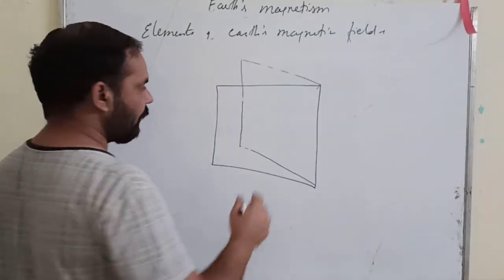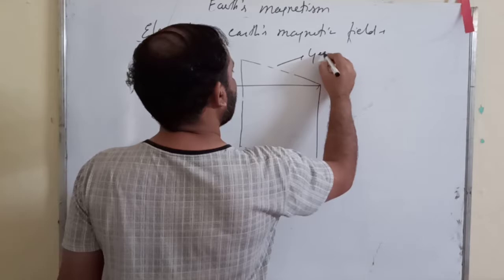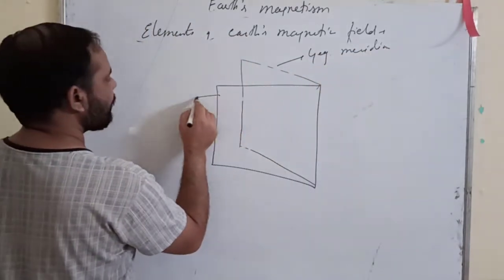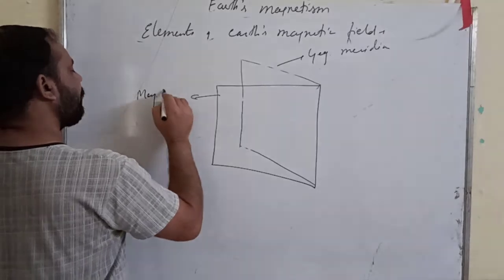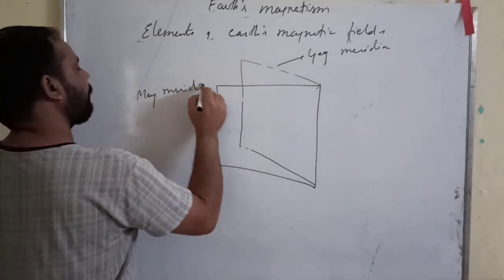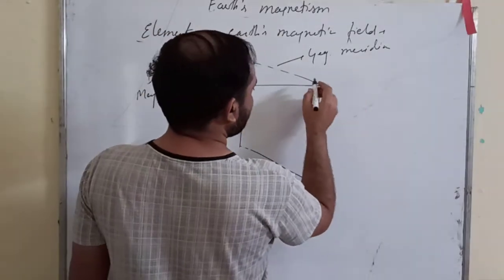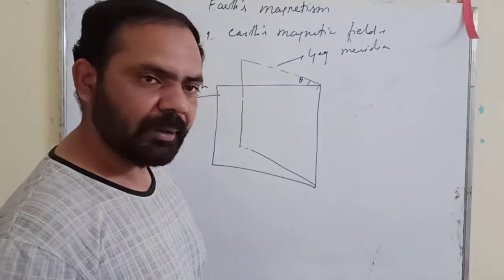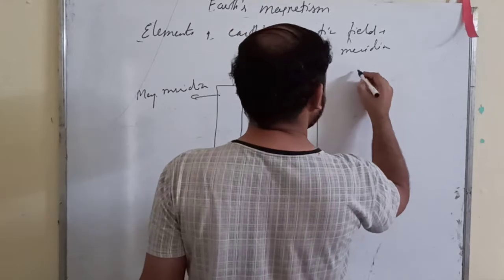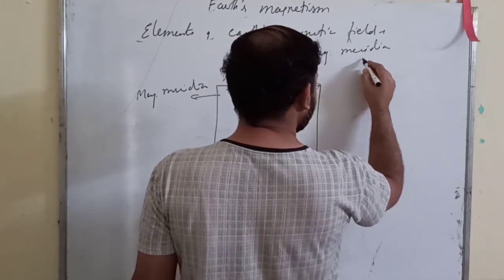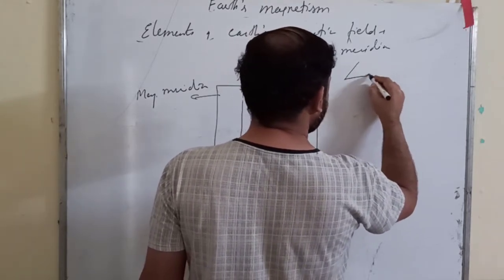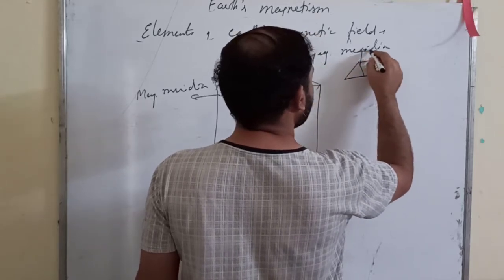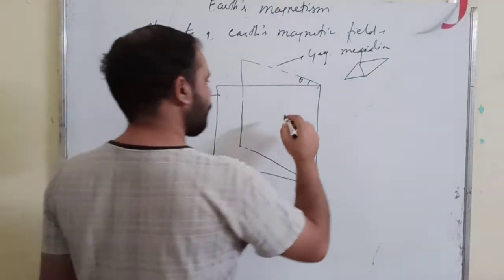Suppose this is our geographic meridian and this is the magnetic meridian. Then this angle is your angle of declination, right? Now your magnet comes to a state of rest like this. Suppose this is your suspended bar magnet. It comes to rest like this.